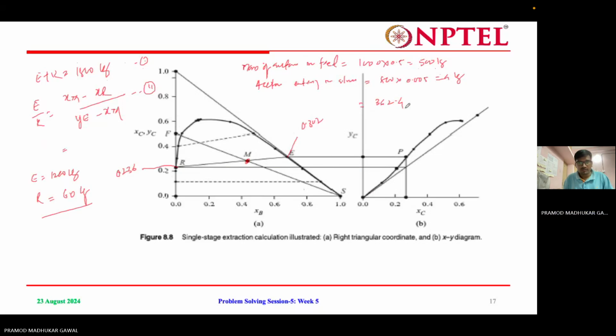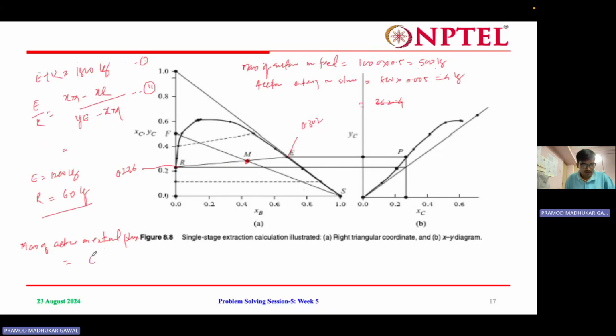First we need to calculate the mass of acetone in the extract phase, right?